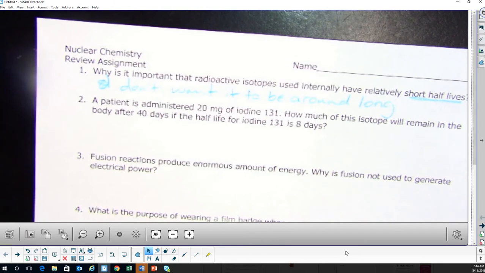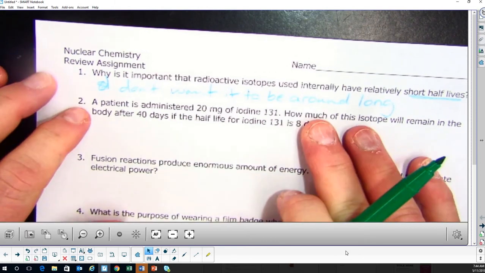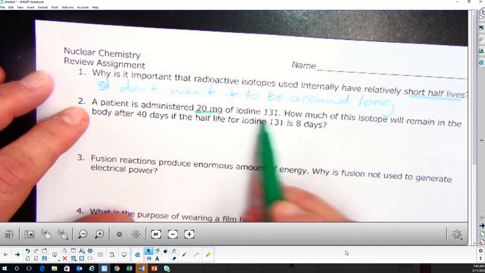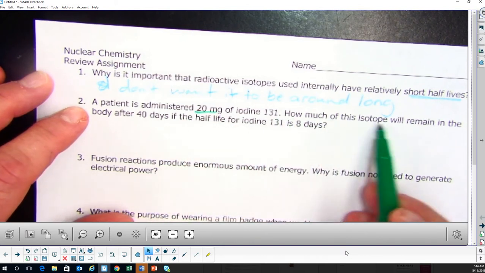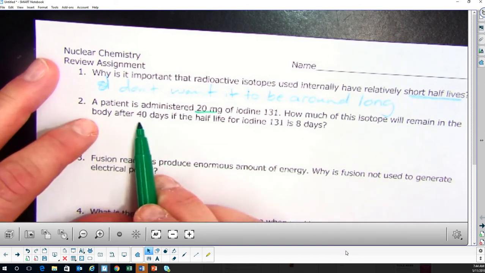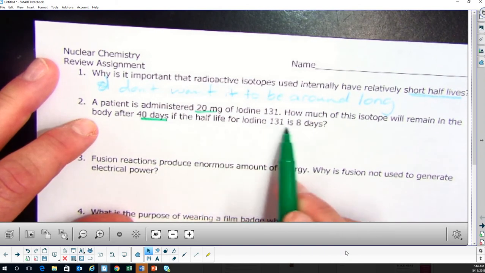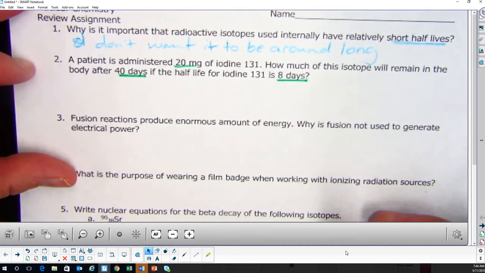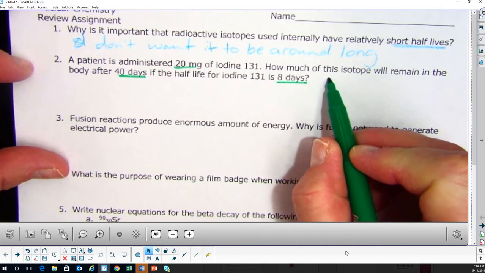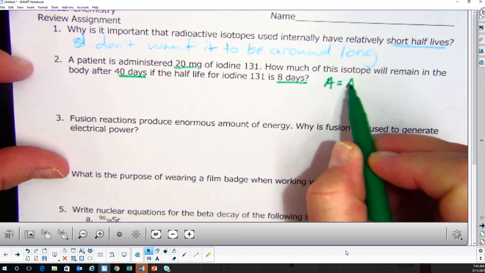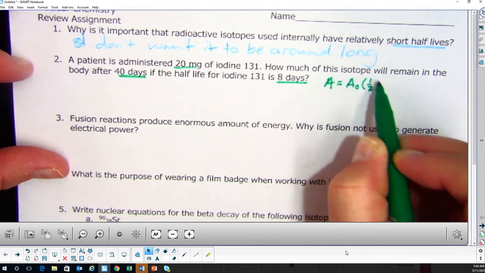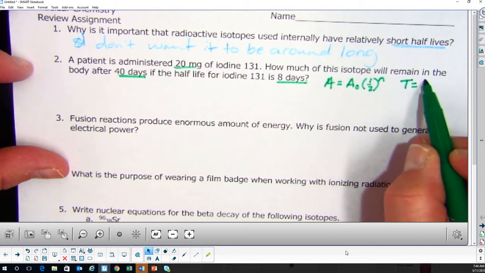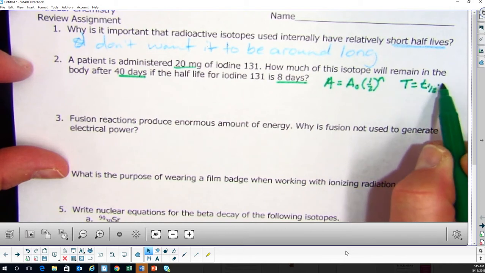Okay. So now here we have a patient, and it's been administered 20 milligrams of iodine-131. How much of this isotope will remain in the body after 40 days when the half-life is 8 days? So if we remember, we had two equations. We had A is equal to A0 times 1/2 to the n power, and we had T is equal to T 1/2 times n.